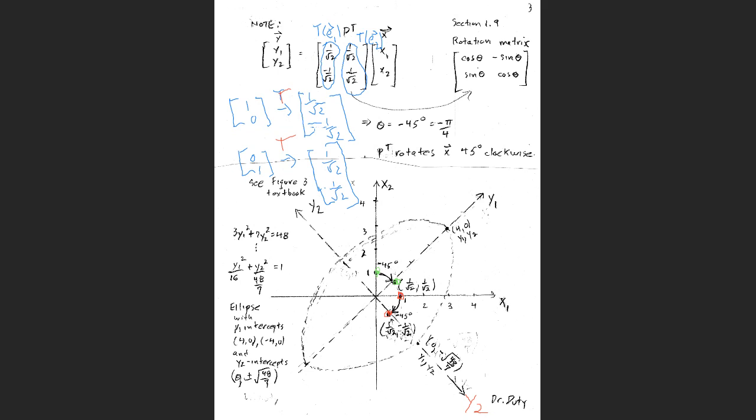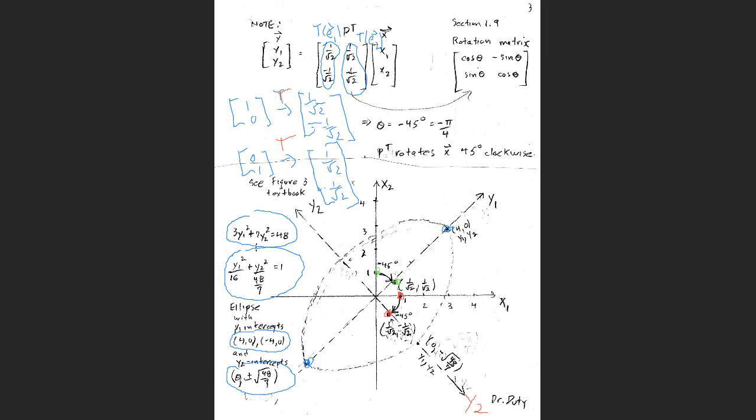So now what I do is I take my elliptical equation in terms of my new variables and get it in standard form. And if I get it in standard form, the y1 intercepts are going to be (4, 0) and (negative 4, 0). And that's what I've drawn here. And the y2 intercepts are going to be (0, plus or minus root 48 over 7).